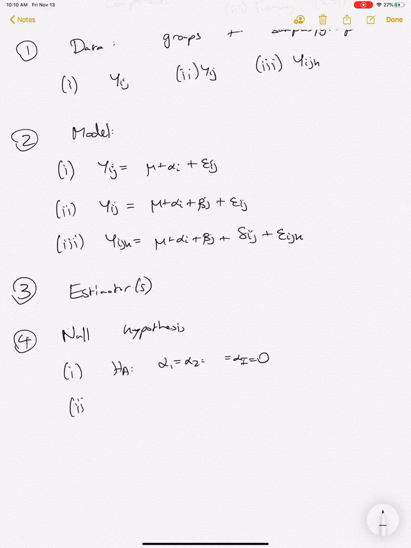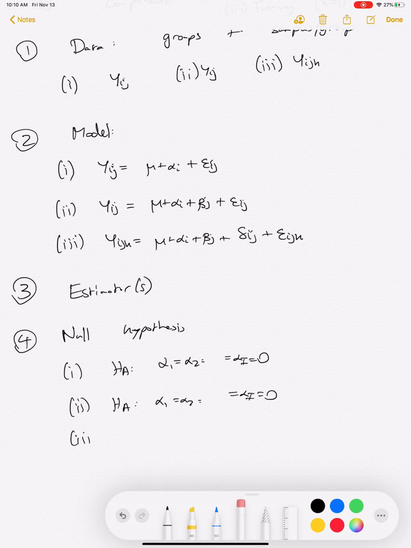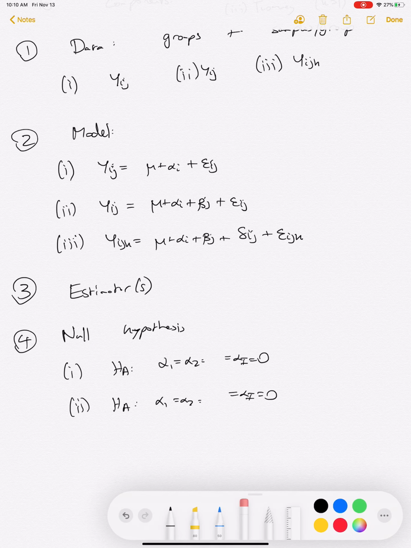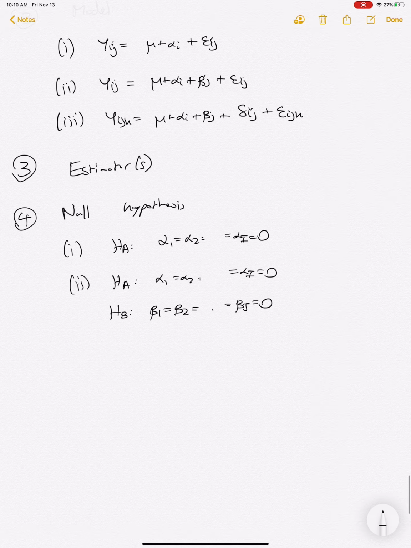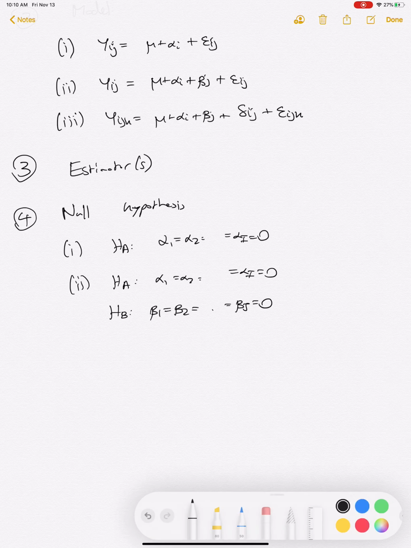For the second case, there are 2 nulls that we're interested in, and the second null is HB. And then for the third case, maybe I'll just write it this way.